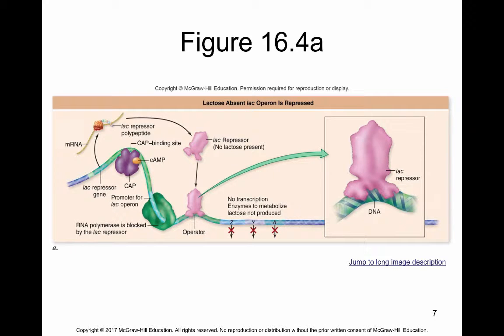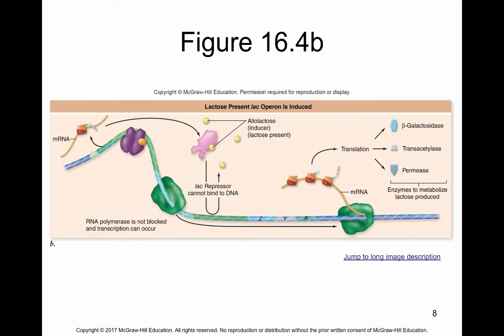And so here you can see in the image, we're not going to worry too much about the CAP and the cyclic AMP binding site, so don't worry about that purple guy. But the pink lac repressor is always made in the active state, and so it binds to the operator when no lactose is present.